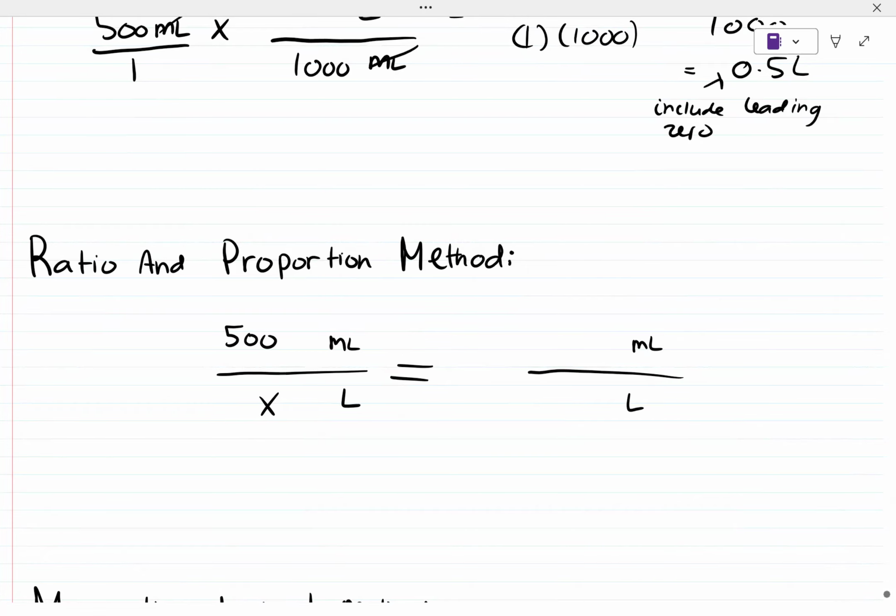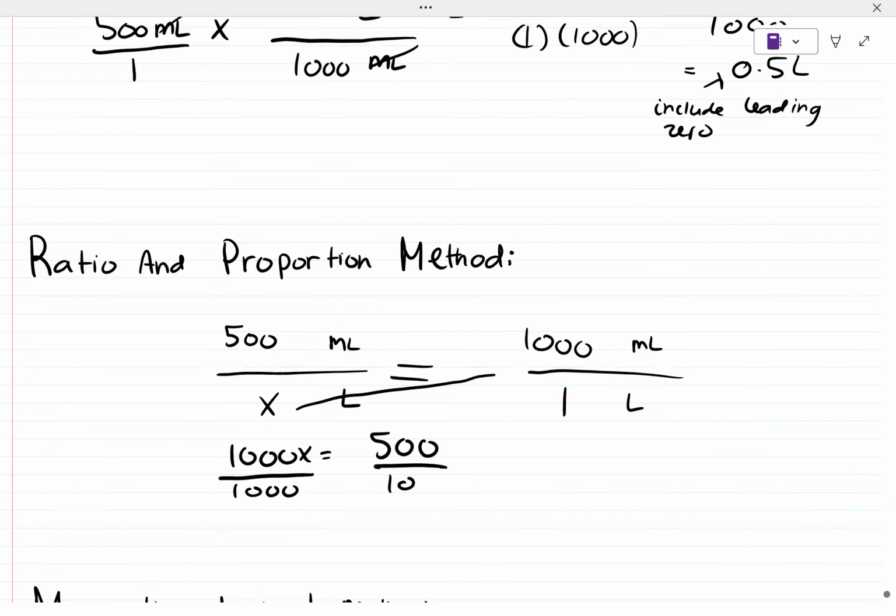And then for milliliters, there's 1,000 milliliters for 1 liter. And then go ahead and cross multiply, so that is going to be 1000x equals 500 times 1, which is 500. Solve for x by dividing both sides by 1,000. You get 0.5 liters.